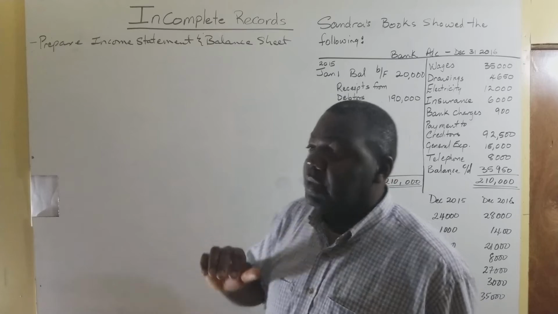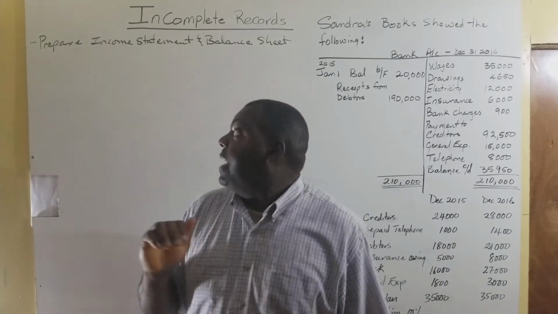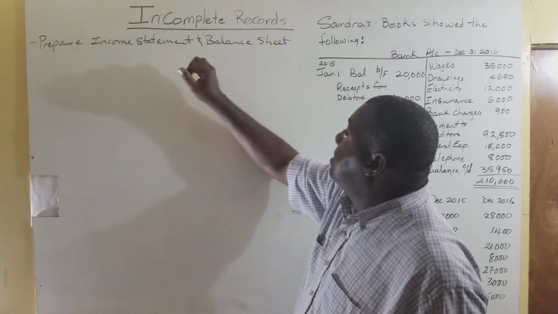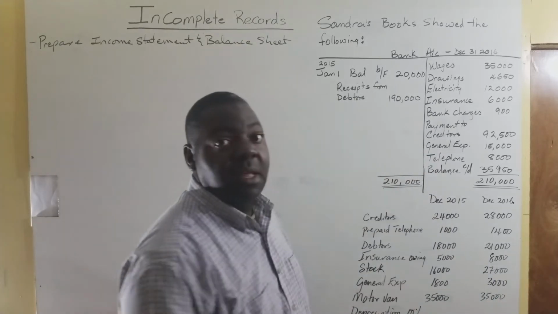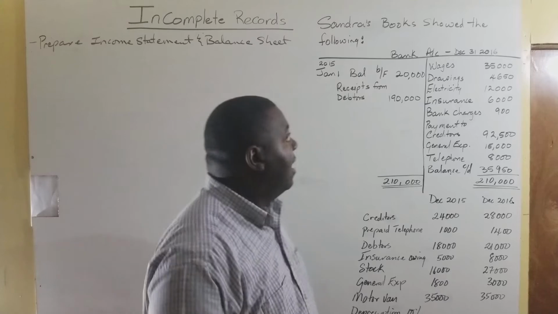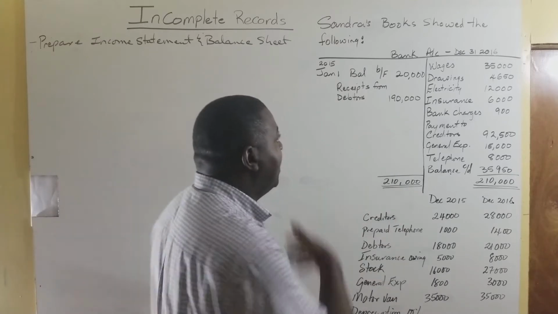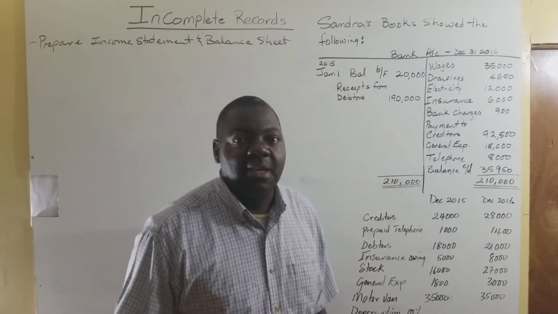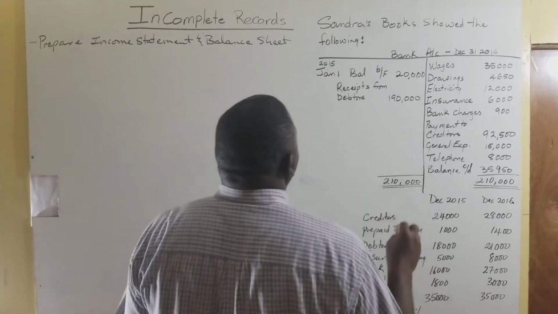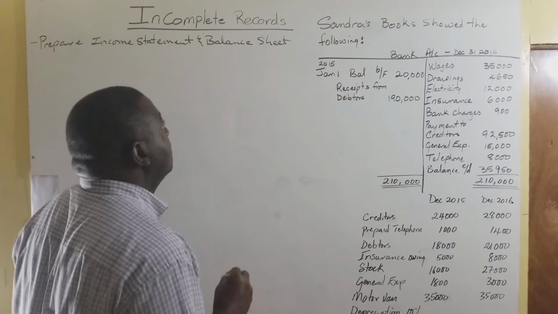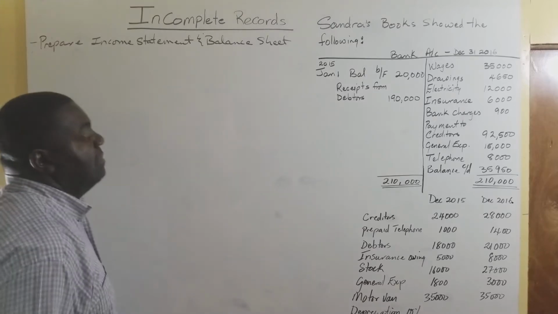Now we are going to be preparing the income statement and the balance sheet from the information that we would have received. And this would perhaps be classified as incomplete records. We're going to be using this information to proceed to do the income statement and balance sheet.